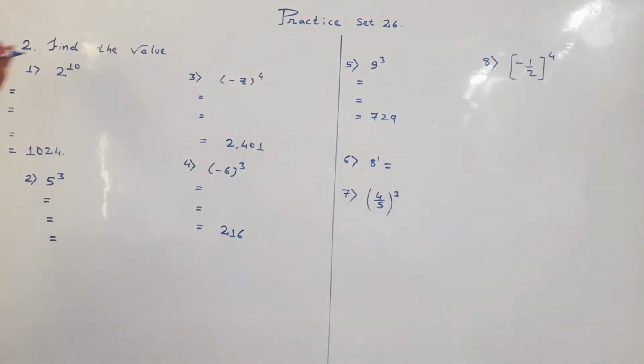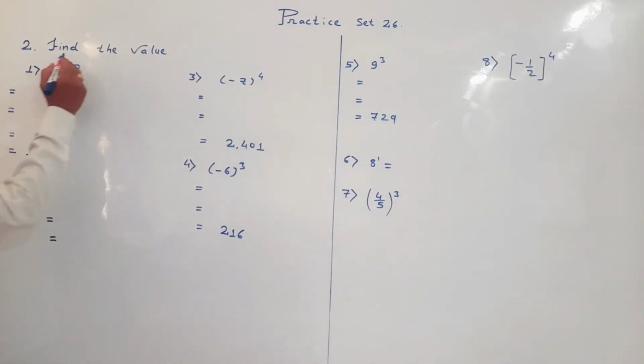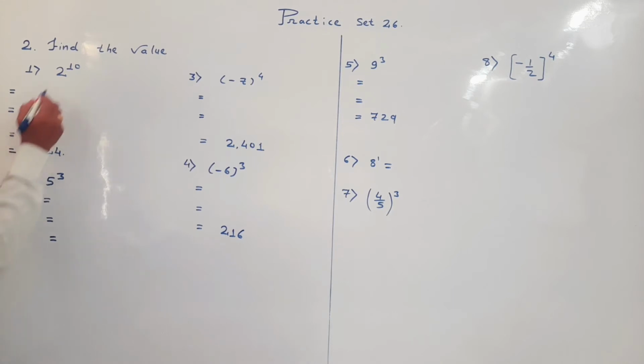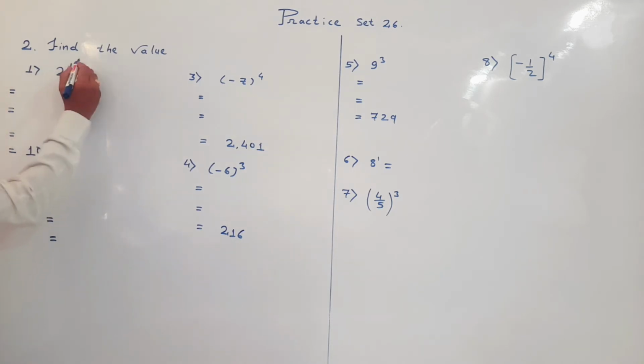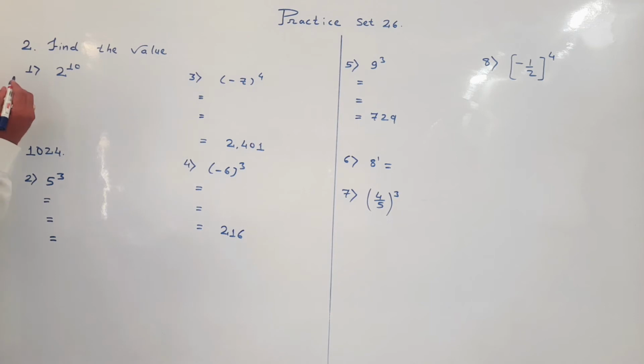Let's consider the second exercise. Find the value of first 2 raised to 10. Base is given 2, so we have to multiply base again and again.